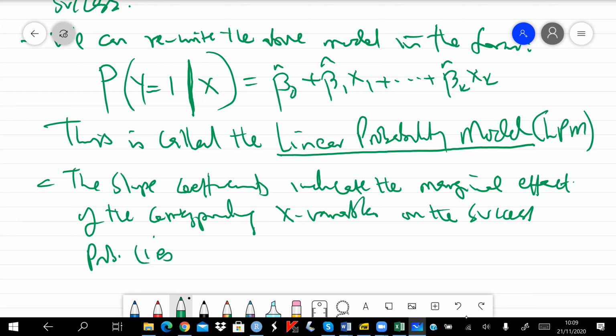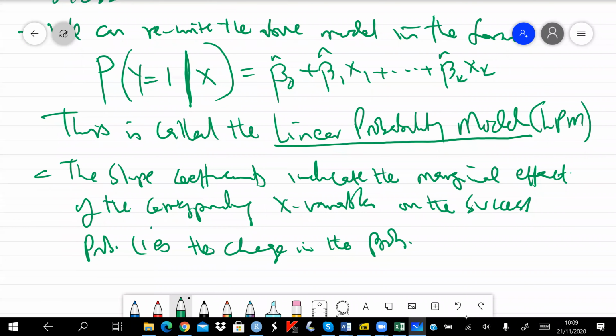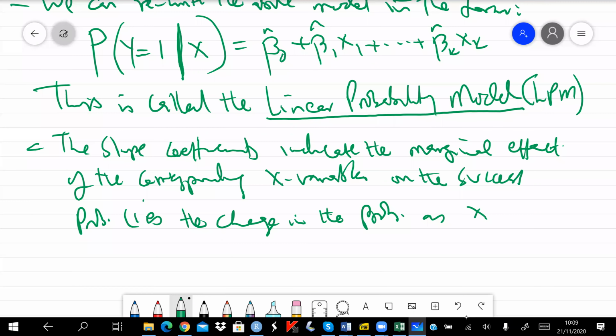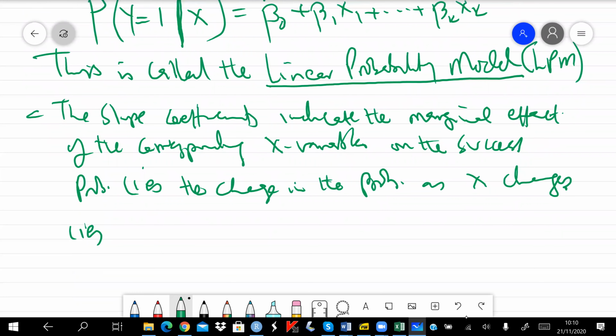That is the change in the probability as x changes. So mathematically, this is the same as the change in the probability of success, that is y is equal to 1 given x.